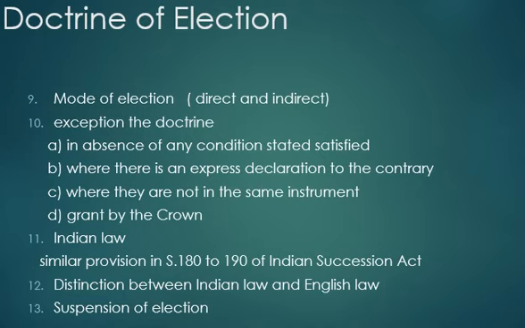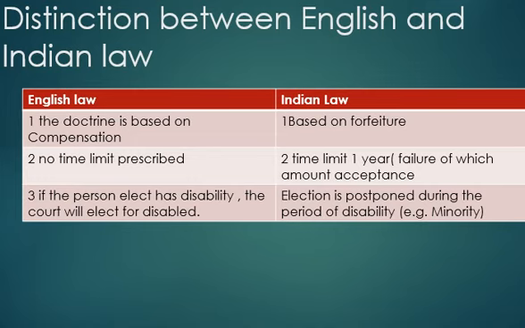In India, the doctrine is based on forfeiture. In English law, no time limit is prescribed for election, but in India the time limit is 1 year. The third difference is that if the person electing has a disability, the court will elect for the disabled. In India, election is postponed during the period of disability.